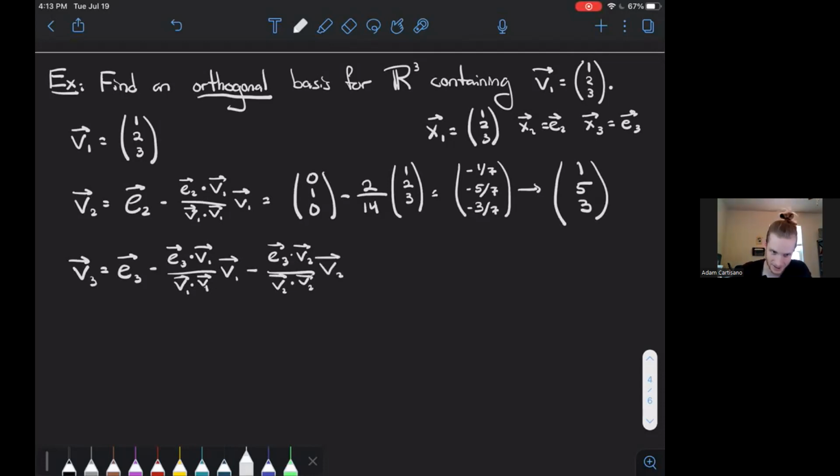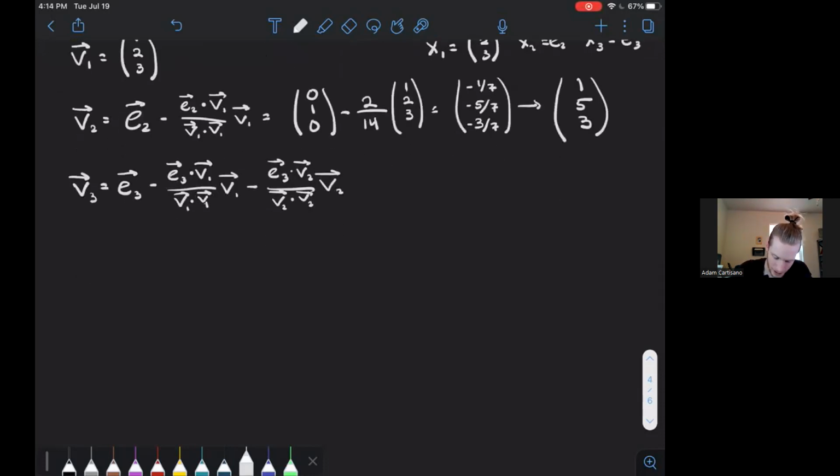Okay, let's just put in all the information. So e3 is (0, 0, 1). e3 dot v1 is 3. v1 dot v1 is still 14. Times v1, which is (1, 2, 3).